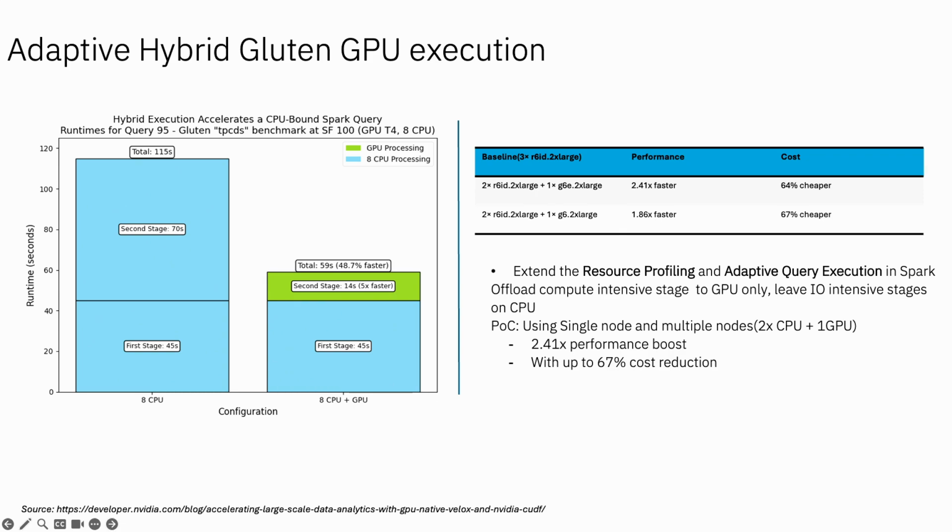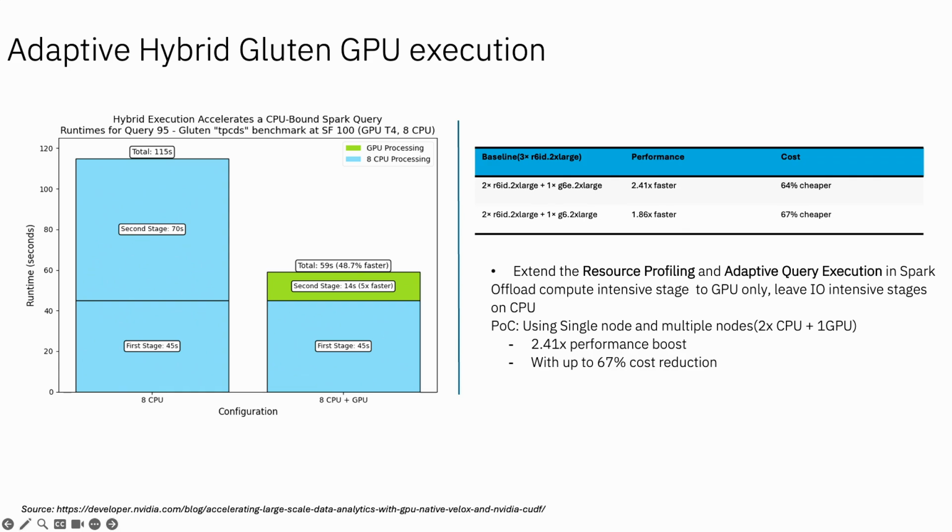If we find it is a very compute-intensive stage, then we offload that stage to the GPU executor. The patches are still under review in the Gluten community, but we do see very good results in our POC.